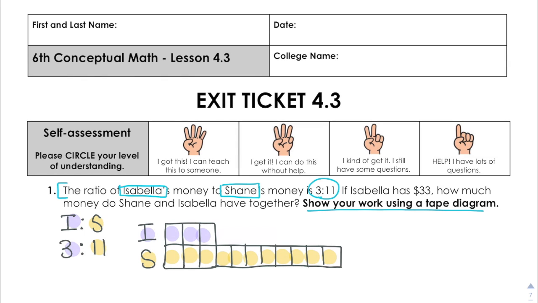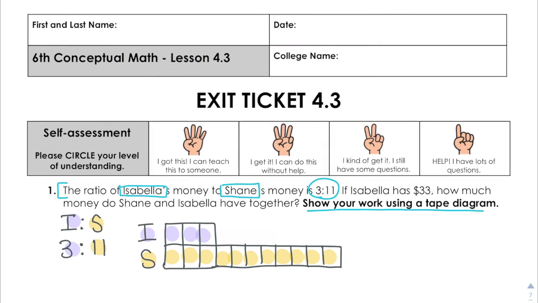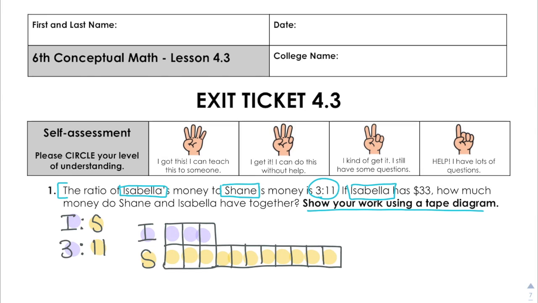All right, so now it says Isabella has $33. So Isabella is the one who's going to have this money. Sorry, we're using blue. And she's going to have $33. So if I'm looking at the tape diagram, I want the section that represents Isabella to equal $33.